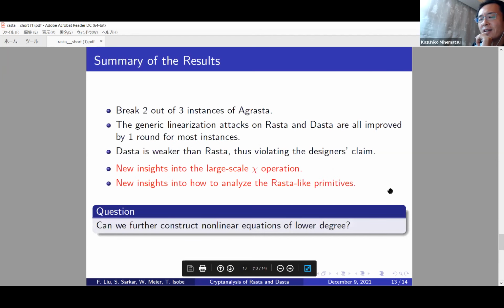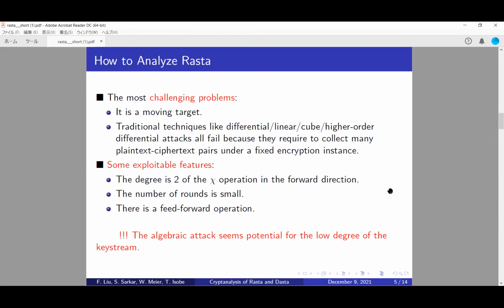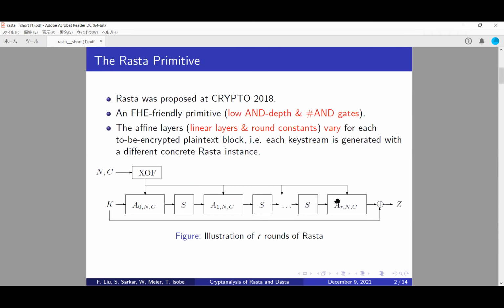So why do you call it a moving target on page 4, slide 4 or something? Because each plaintext-ciphertext pair is obtained with different affine layers. For common symmetric key primitives, the affine layer and the nonlinear layer are all fixed, so they are stable.